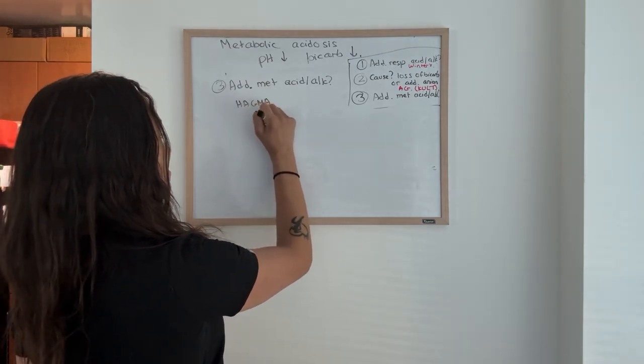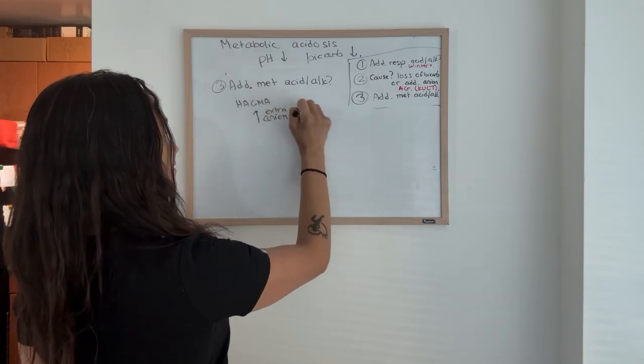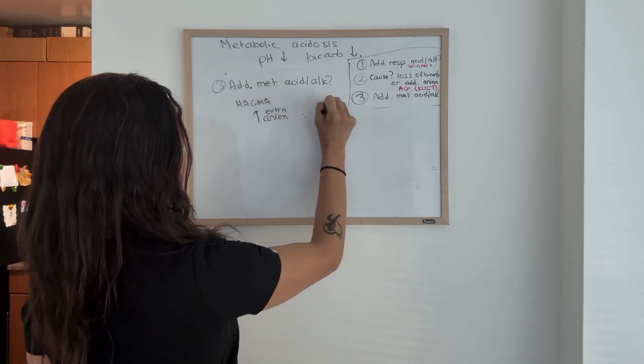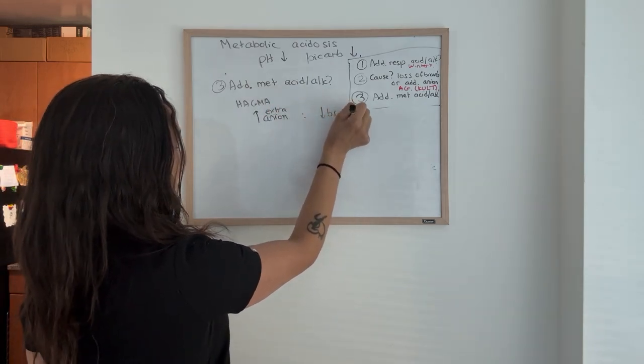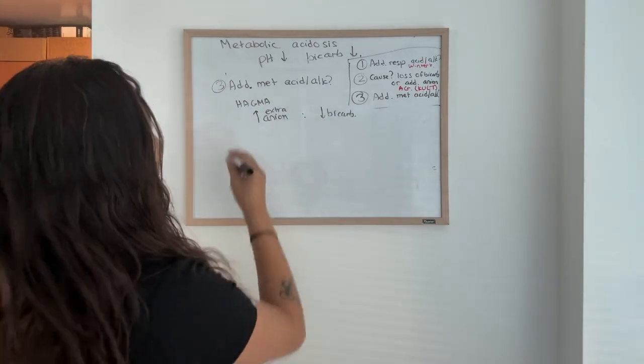This means every time you have an extra anion, your bicarb decreases, and that's how you get that lower bicarb in your anion gap metabolic acidosis.